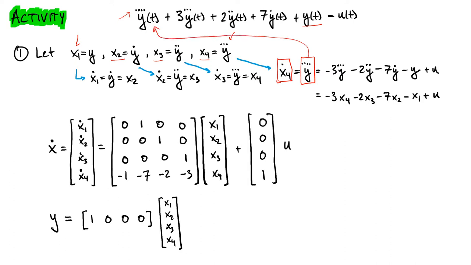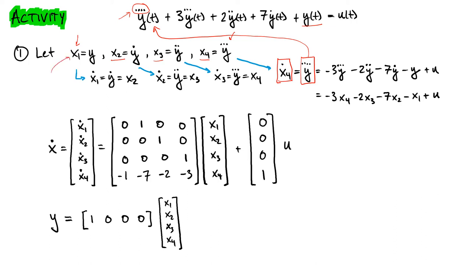And so it's for that reason that we stop here at only x4 and we don't define x5 equal to y quadruple dot, because we don't know the derivative of that, the 5th derivative, and we don't have any information about that. So we stop here, but the easier thing to do is just remember that if you have 4 derivatives up here, that's the highest order, then you're only going to need 4 states to represent that.